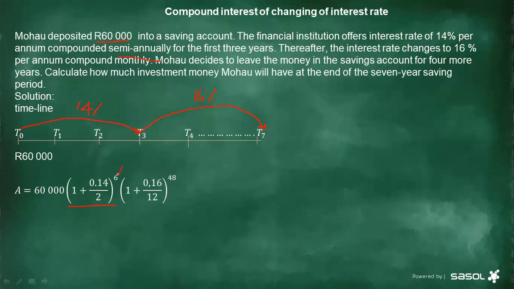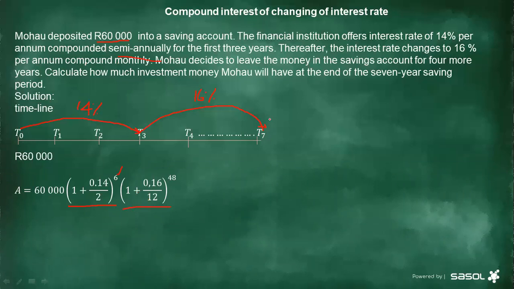And then multiply by another interest rate, which is 16%. So we say times 1 plus 0.16 over 12. Why 12? Because this interest is compounded monthly, and we agreed monthly is 12. And then how many years do we have from there? We have 4.